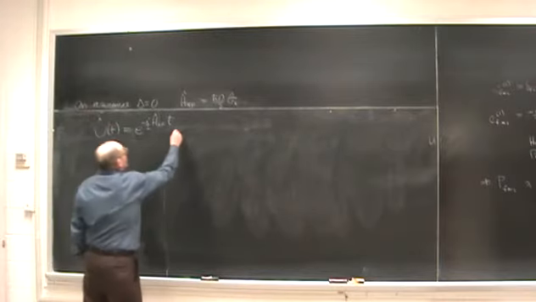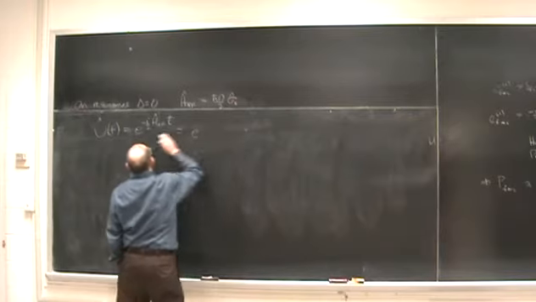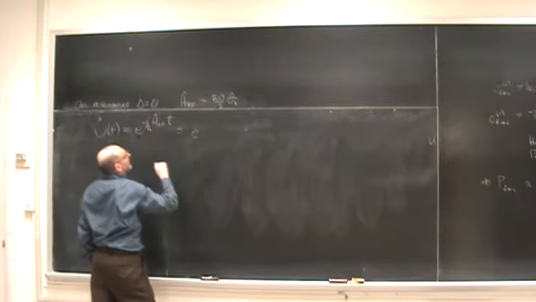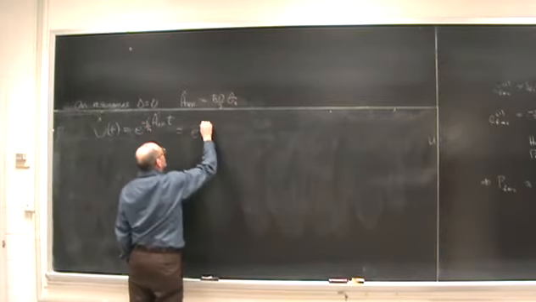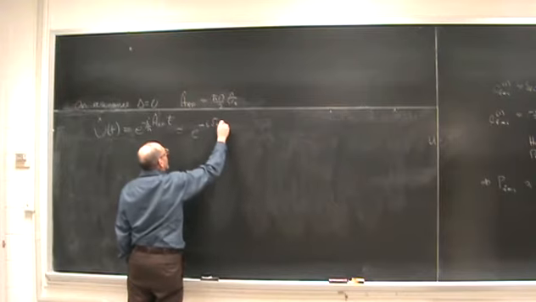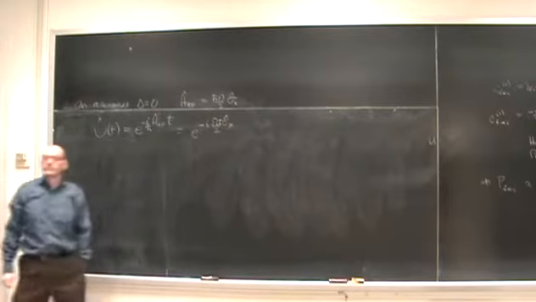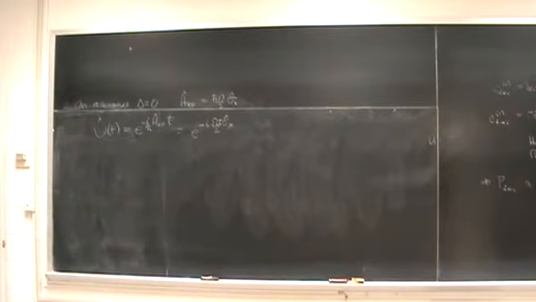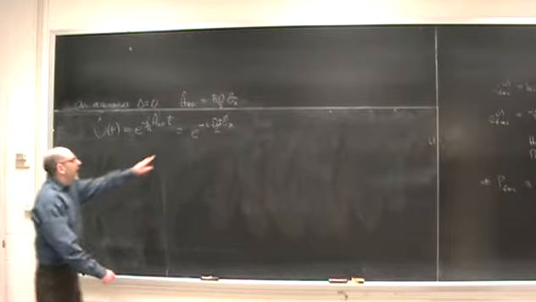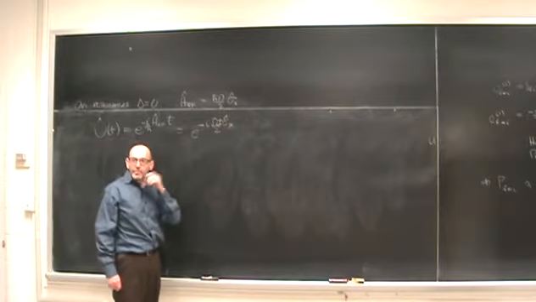And that's just equal, no, not over 2, that should be over h bar, is equal to minus i omega sigma x t over 2. So that is a rotation operator around the x-axis by angle capital omega times t.